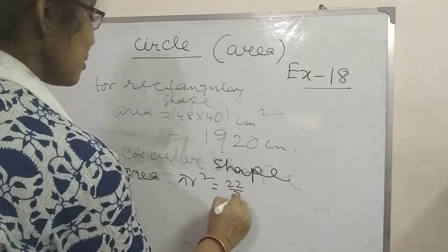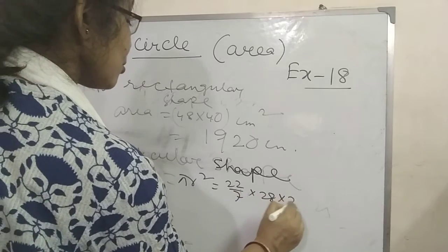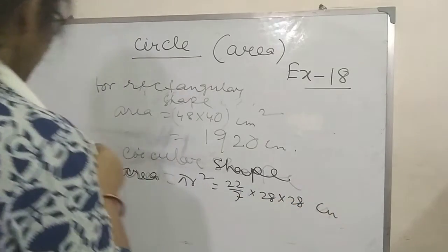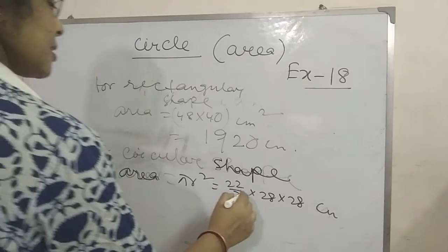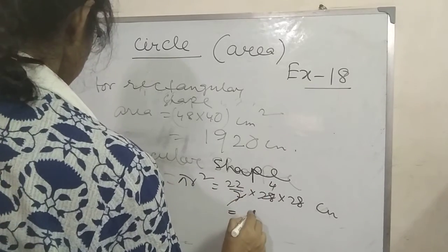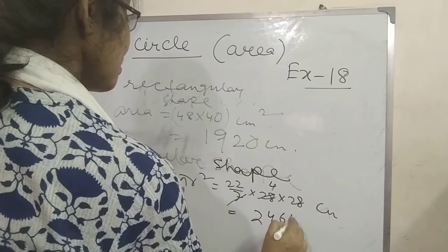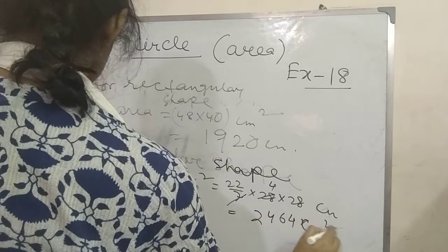This is 22 by 7 into 28 into 28 centimeter square. This is equal to 2464 centimeter square.